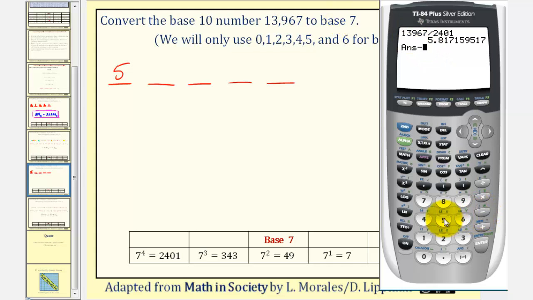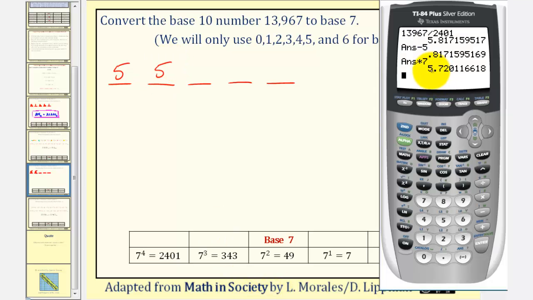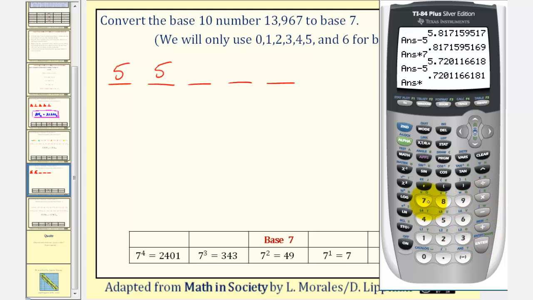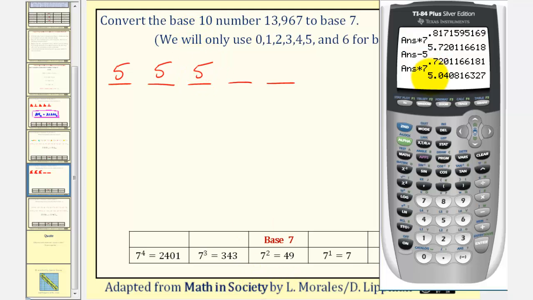So minus 5, and then times 7. The next digit is 5, the whole number part. And now we'll subtract 5 and multiply by 7 again. The next digit is also 5. Subtract the whole number part and multiply by 7.